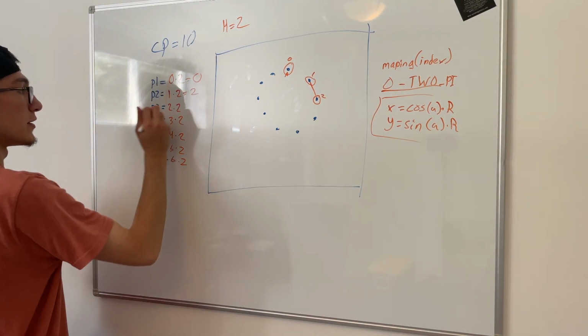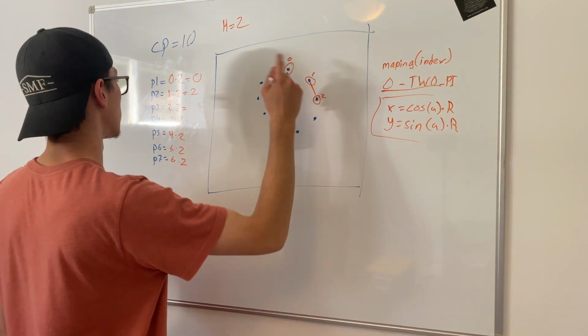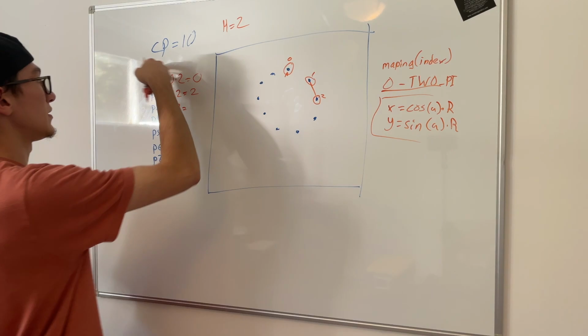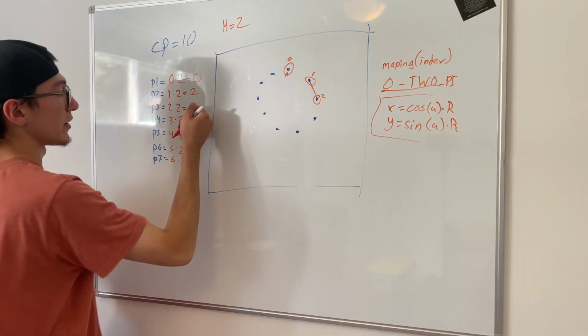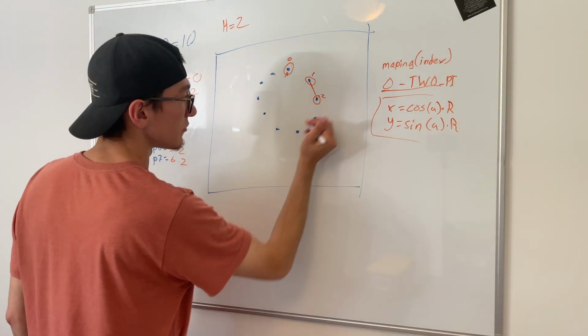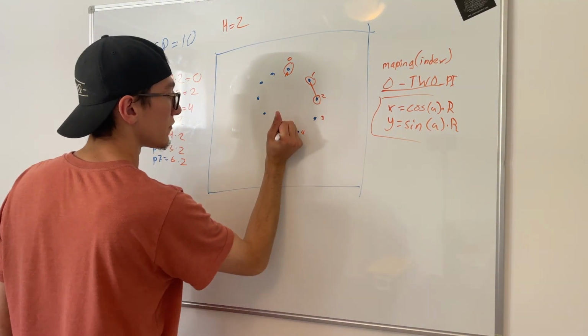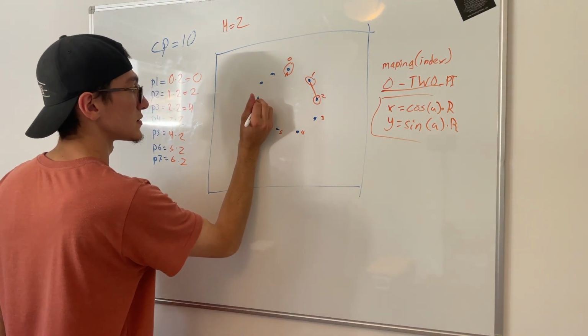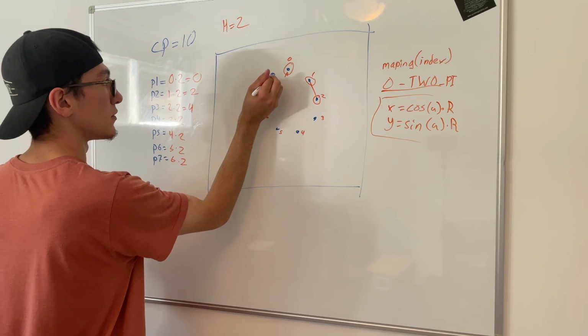Okay, cool. Now, point 3. Point index 2 times 2 is 4. So we go to the fourth one. So this was 3, 4, 5, 6, 7, 8, 9.